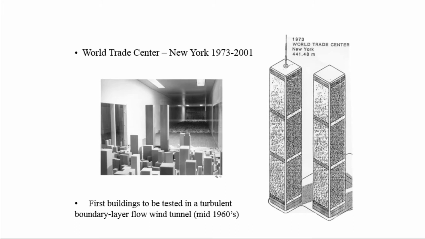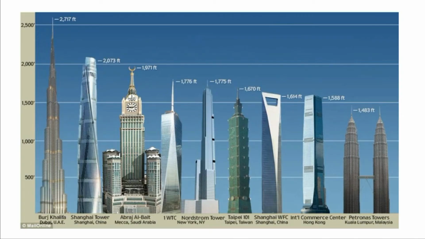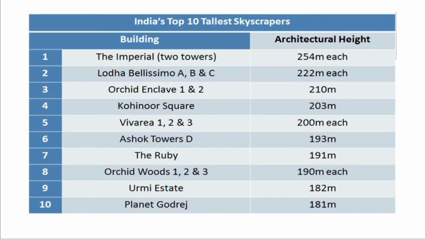First building to be tested in a turbulent boundary layer flow wind tunnel. Here you can see the different topmost tall structures, which comprise some of the topmost tower structures. Here I have mentioned the top 10 tall structures.